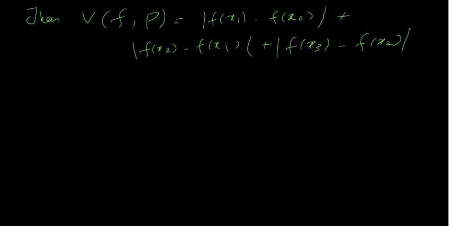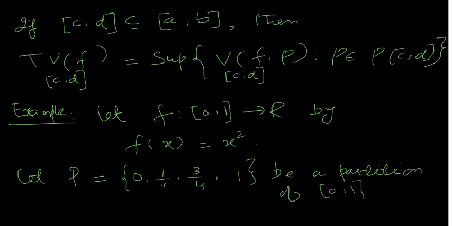Here x0 is the first point of this partition set, that's 0. X1 is the second point, that's 1 by 4. X2 is the third point, that's 3 by 4. And x3 is the last point, that's 1.